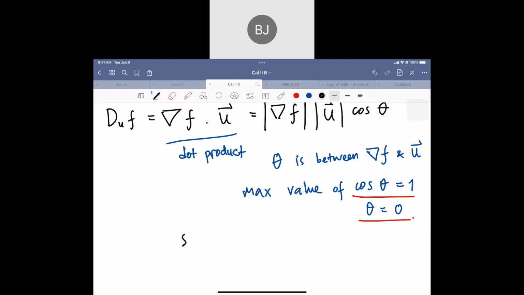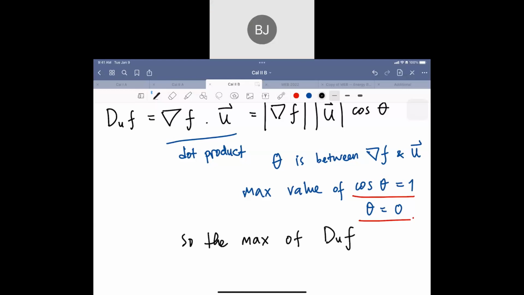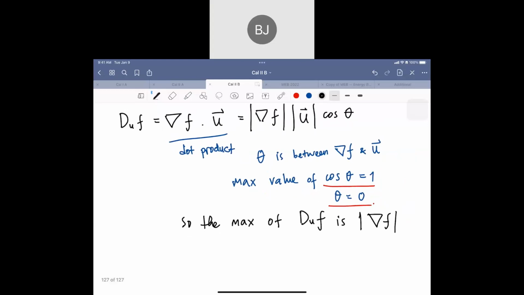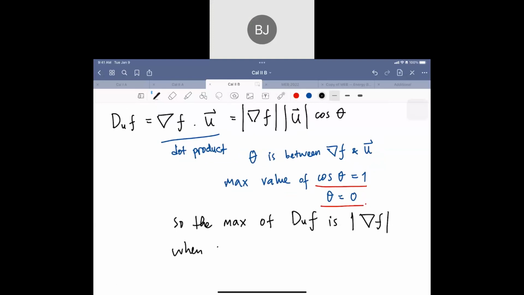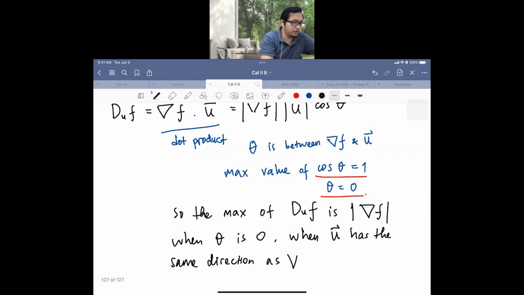Okay, so the maximum of the directional derivative is when theta is 0, that is, when the vector u has the same direction as the gradient vector of function f.